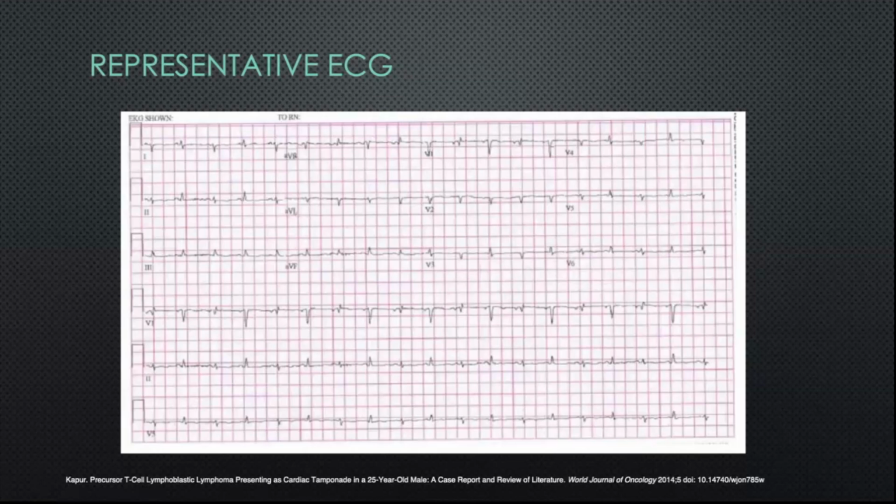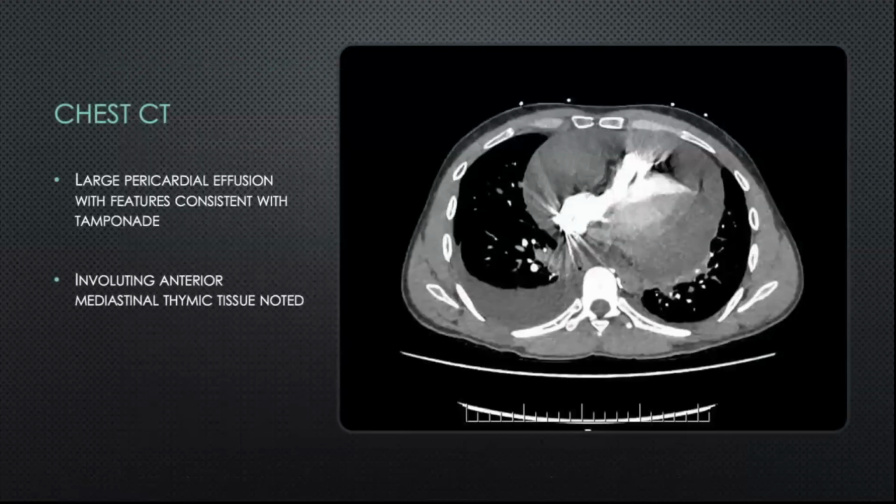The amplitude of the QRS complex is also quite low here, so suggestive of cardiac tamponade clinically, on bedside echo, and on CT. So his chest CT, just to show you, he had a large circumferential pericardial effusion here.